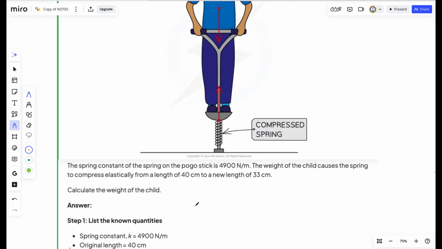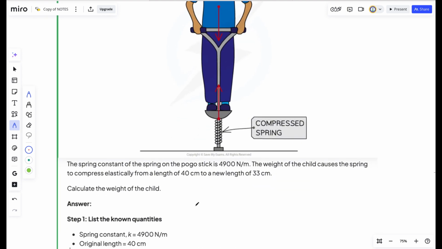Okay. Now let's take a look at it. Say the spring constant of the spring on the pogo stick is 4,900 Newton per meter. Now in this question they've given us the spring constant, the value. Let's call it K. So this is our K, 4,900 Newton per meter.